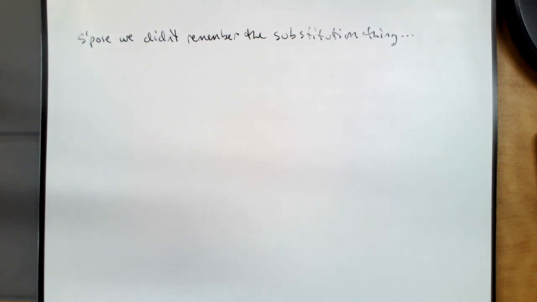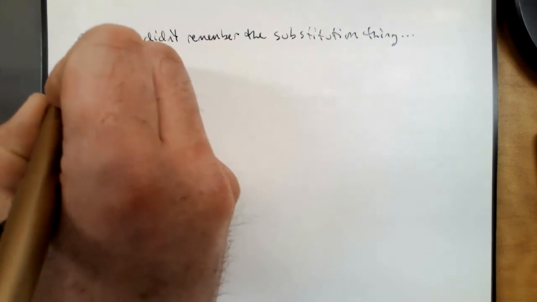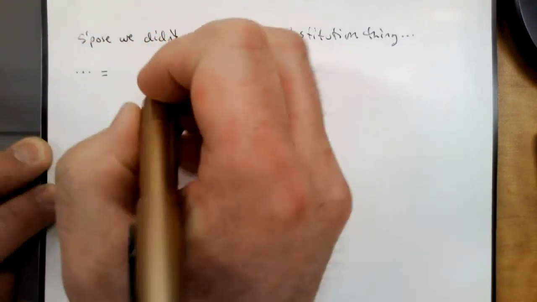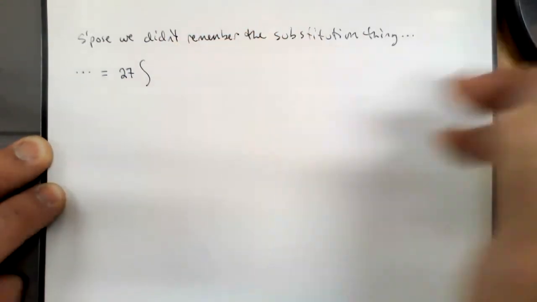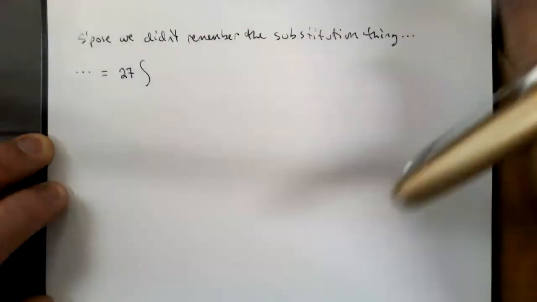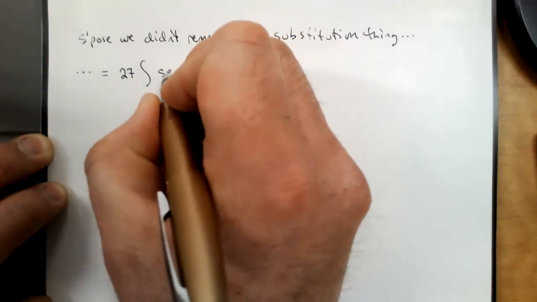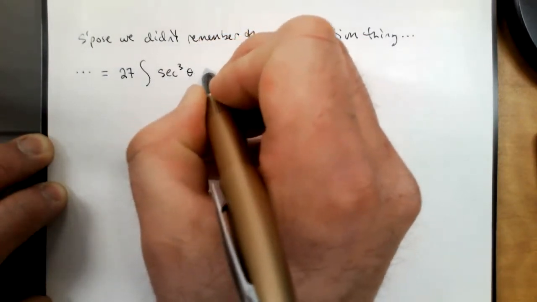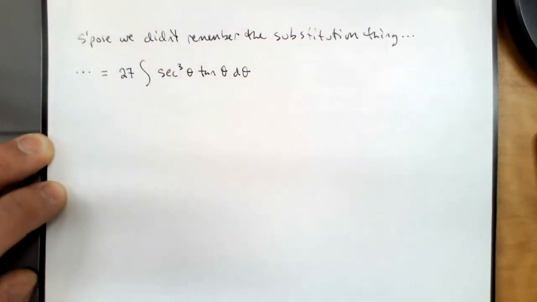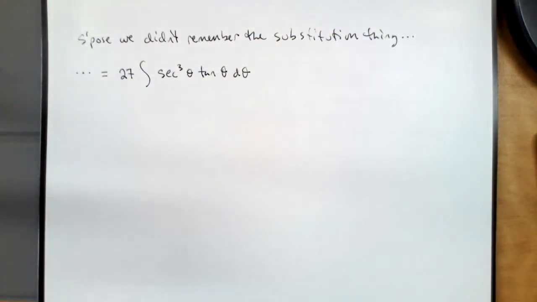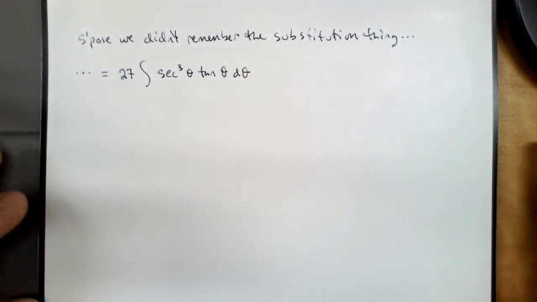And we're looking at the integral of, and we're back at, let's go back to this point. Let's go back to this safe point where it was secant to the third, tangent to the first. Remember, we've already ruled out the tangent substitution.